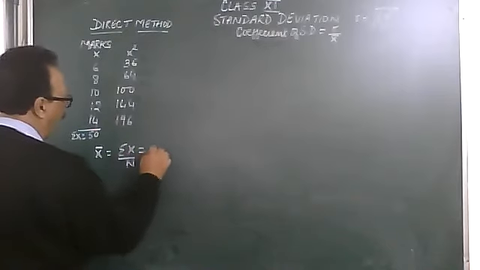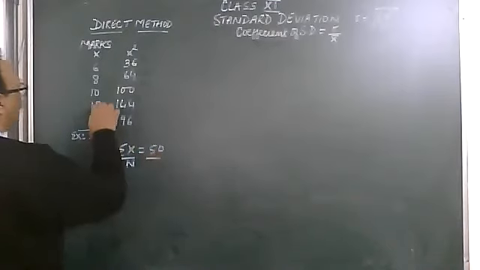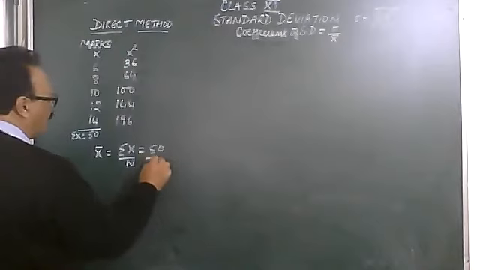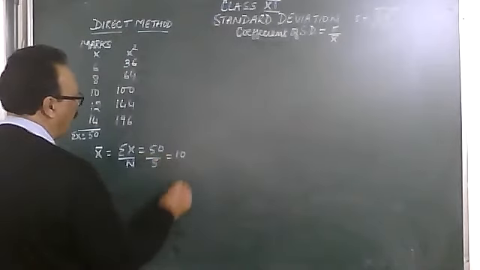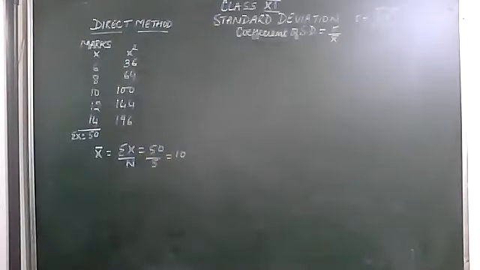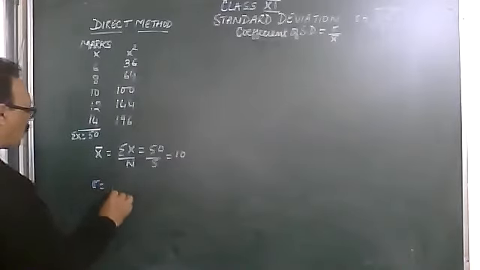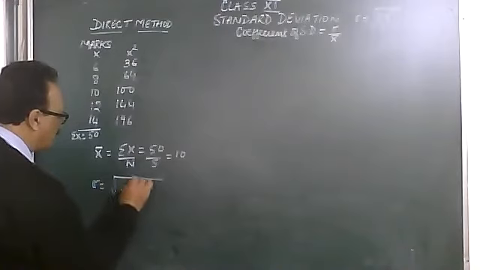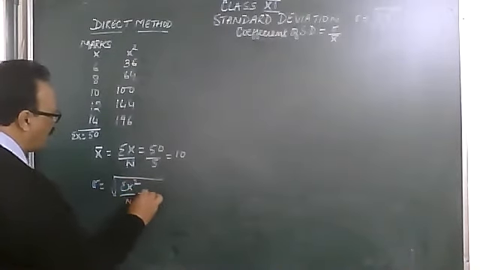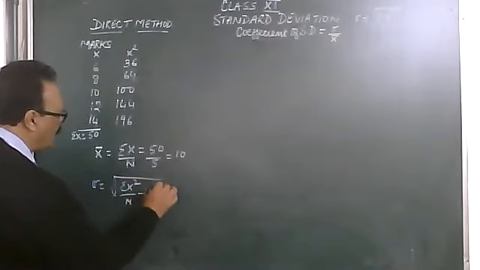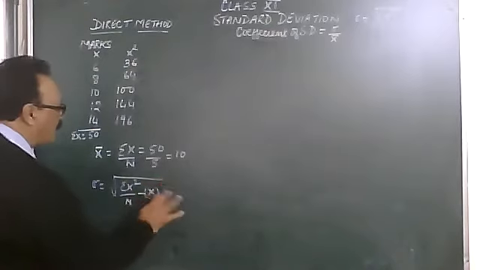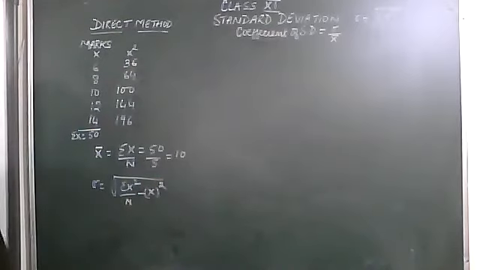That is equal to 50 upon the number of variables, 5. The mean is 10. Now the formula for standard deviation is equal to under root sigma x squared upon n minus mean squared. In the direct method, this becomes the formula.